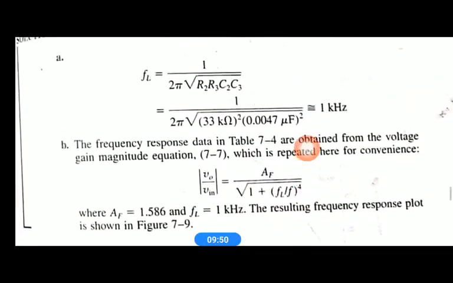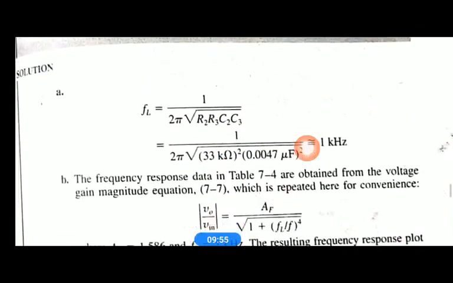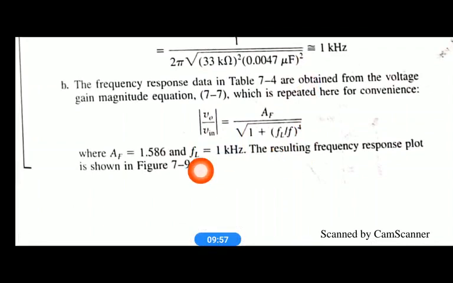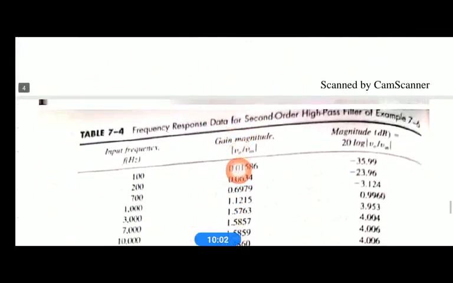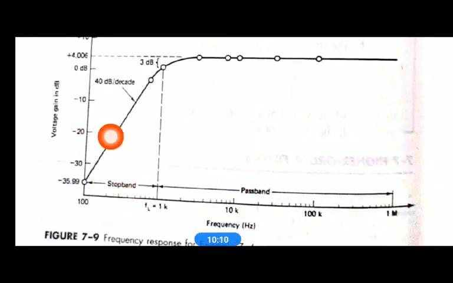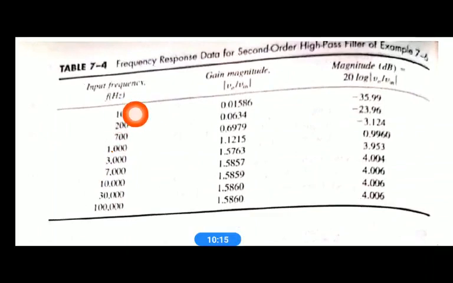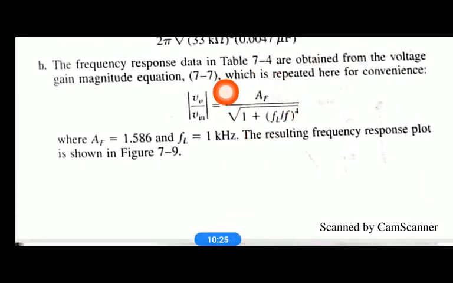Second, draw the frequency response plot for this filter. To draw the frequency response, we know the gain is 1.586 and FL is 1 kilohertz. Utilize this to draw the frequency response, which is frequency versus gain in dB. In a similar fashion, you need to select different f values from 100 to 100 kilohertz. For different frequency values f, you calculate the gain by using this formula.